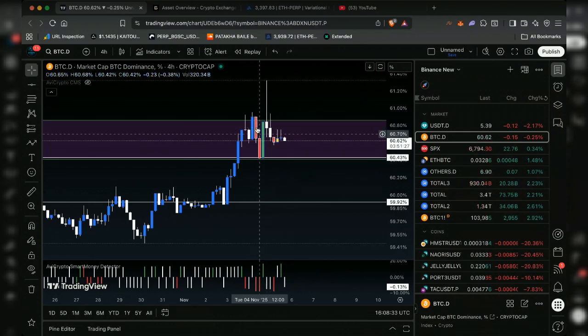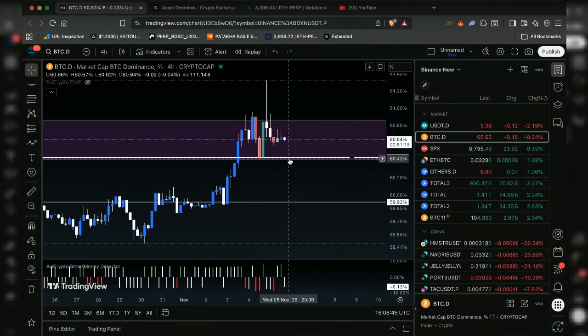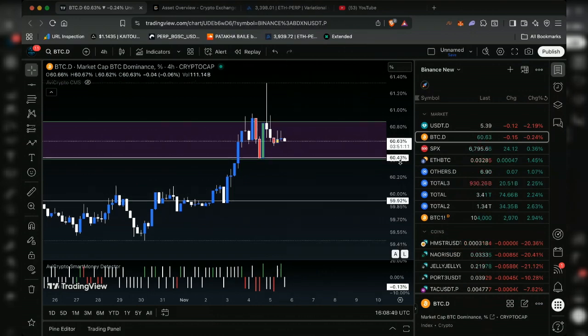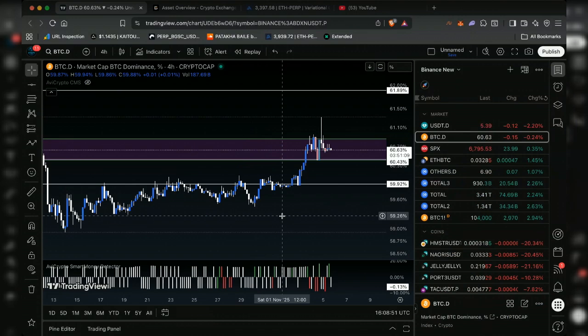That means the sellers are getting heavy, and the chances of BTC dominance getting rejected are building up, right? So the first level which we are looking at is 60.42. If it breaks, then we go down to 59.92, and then if it breaks, then I will mark the levels for you again.